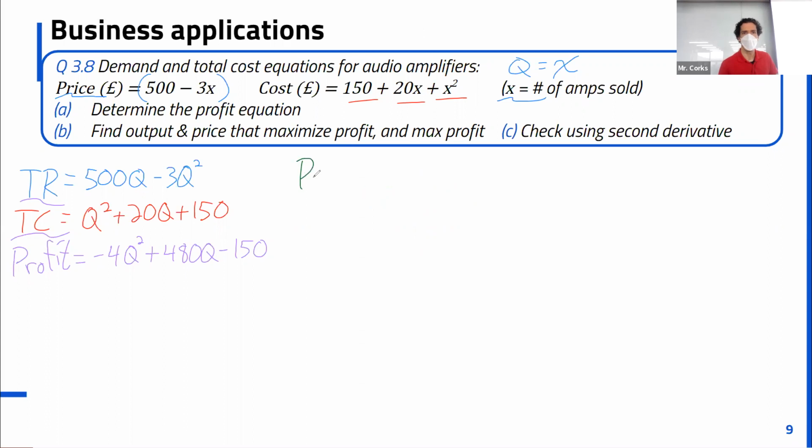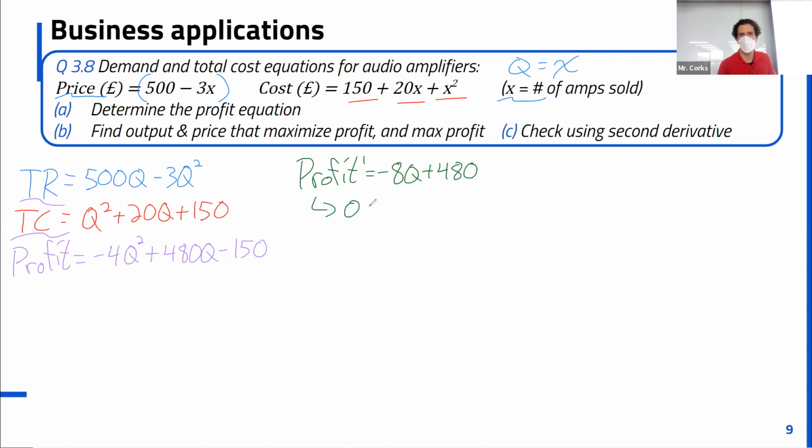So we find our first derivative. We want to find our turning point, so zeros of our first derivative. So we find our first derivative first. And what is that? Negative 8Q plus 480 here, and we will just set all this equal to 0.